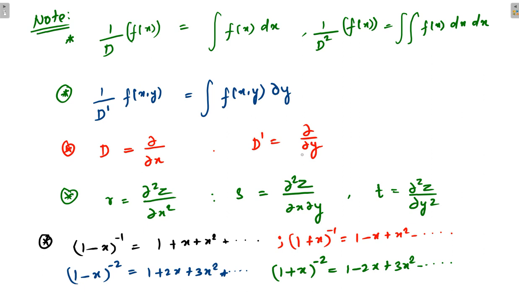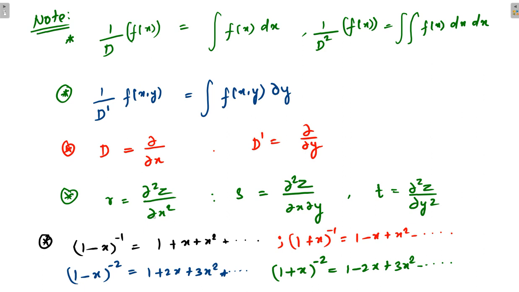So 1 by d means integration with respect to x. 1 by d square is double integration of the corresponding function with respect to x. And 1 by d dash is integration with respect to y, right?